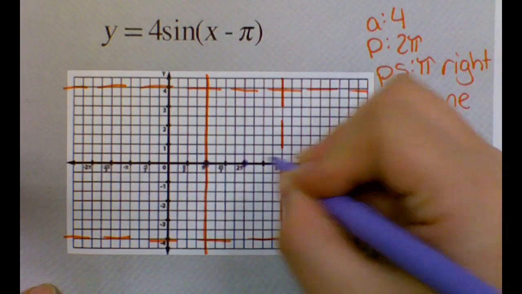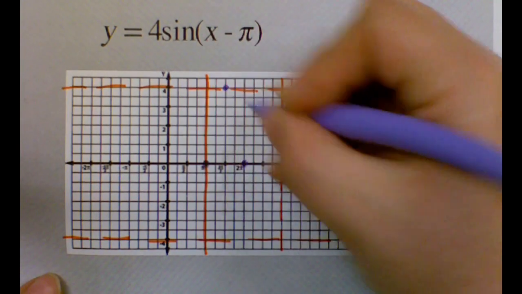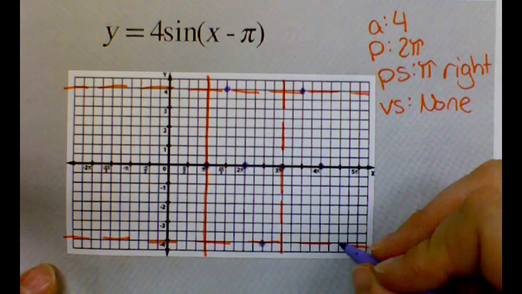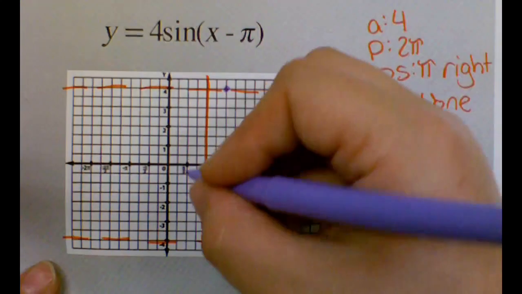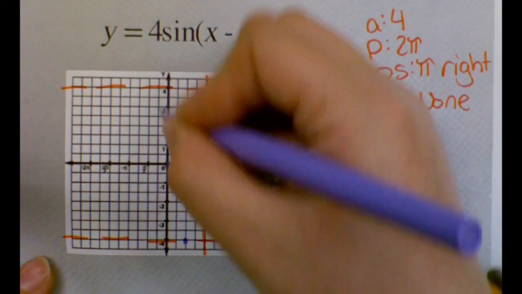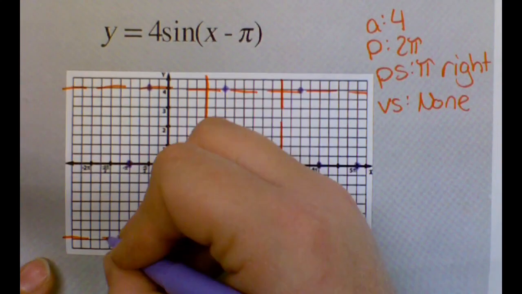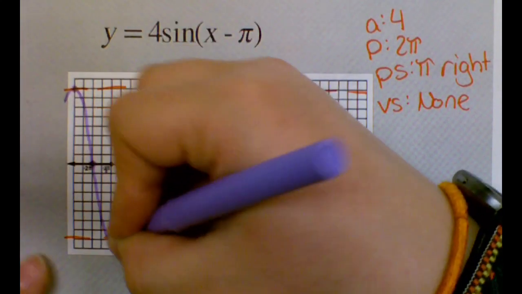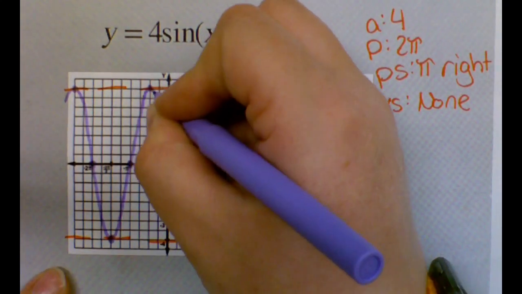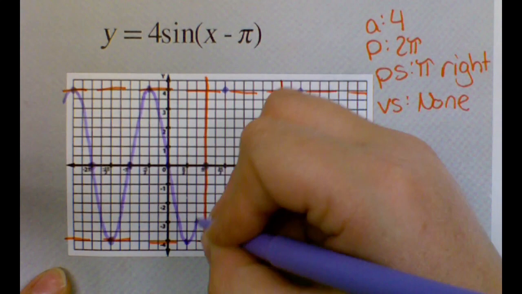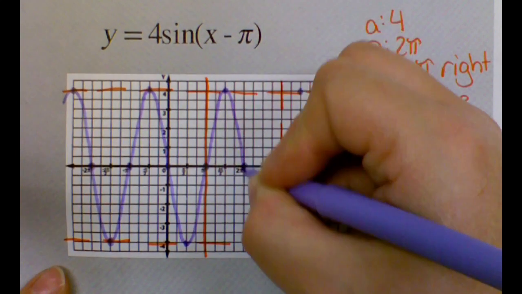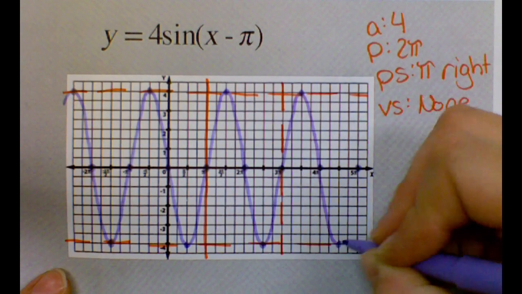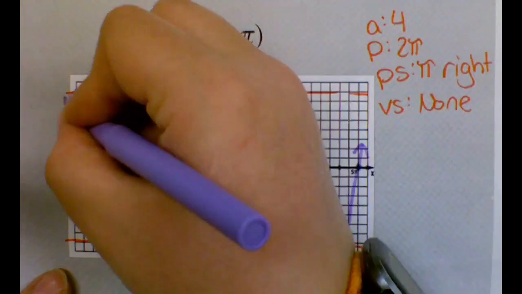Start, middle, end, and it goes up first, then down. And then fill in some more points. And there's our graph.